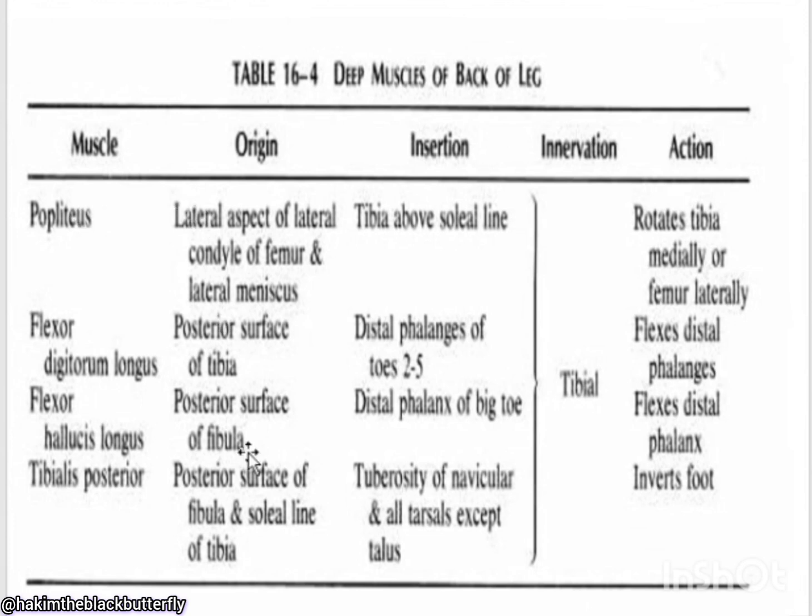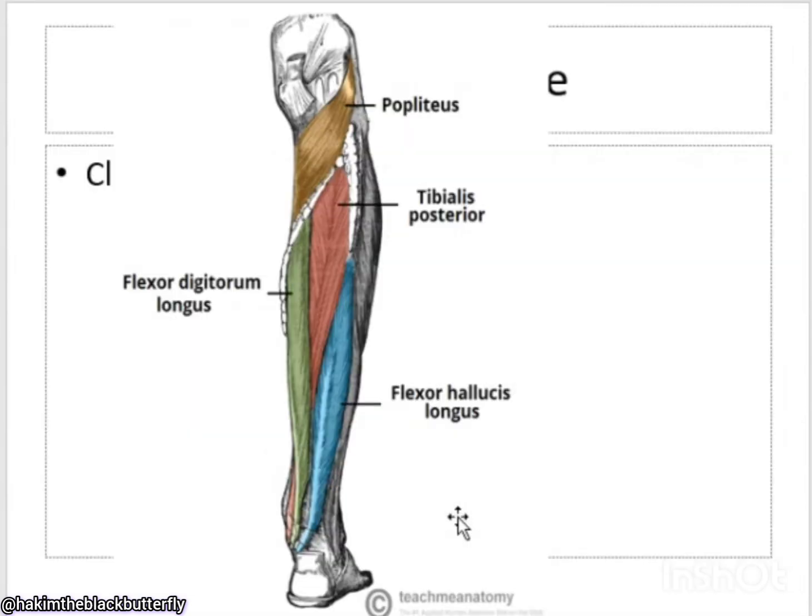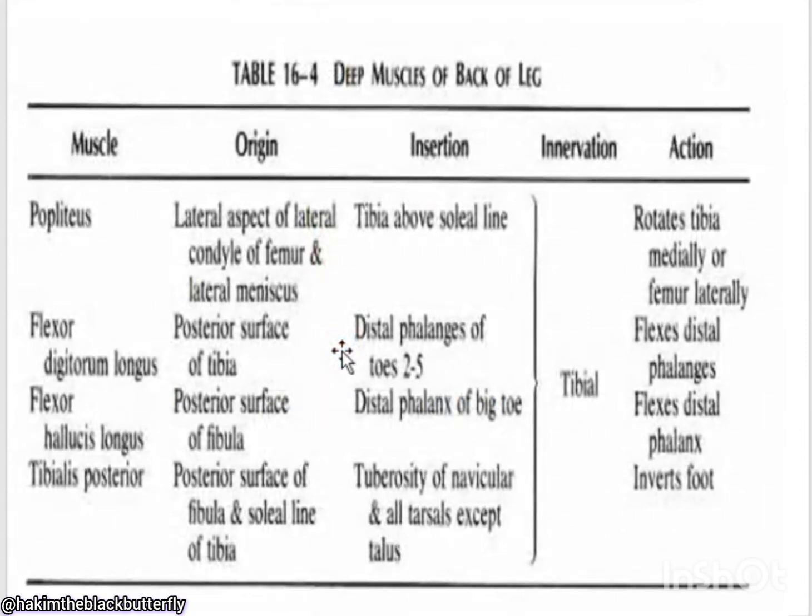The origins are indicated clearly here for you to read and understand the osteology of the bones, and the insertions are also indicated at the same time. So this is our muscle popliteus, the flexor digitorum longus, the tibialis posterior, which inverts the foot, and the flexor hallucis longus, as indicated here.